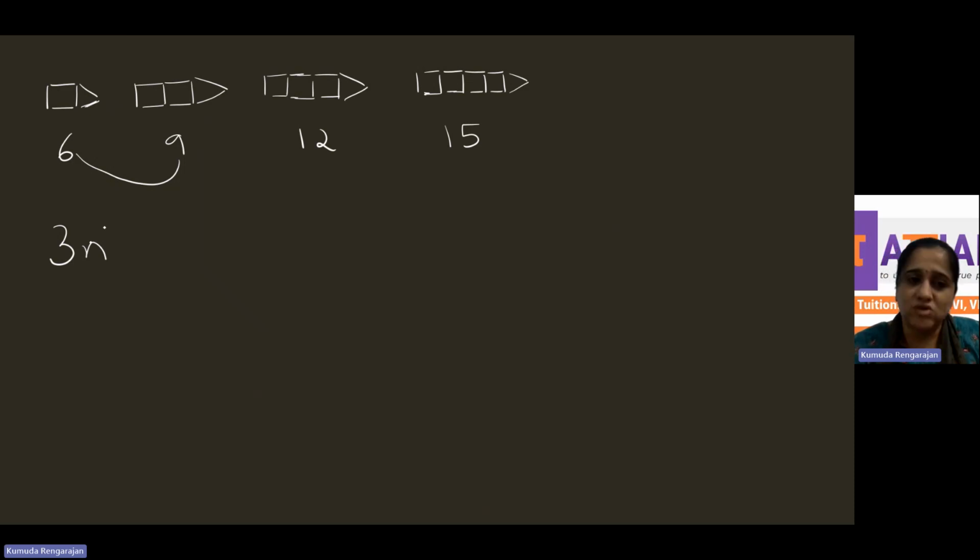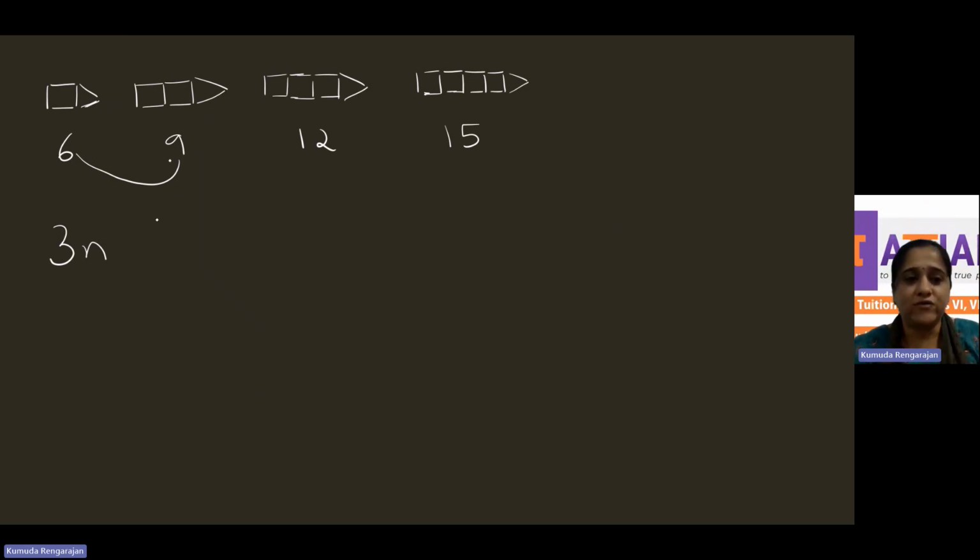If you take n as 2, what should be the answer? 9. If you take n as 3, what should be the answer? If you take n as 4, what should be the answer? You take anything, but take any one. Don't try all the 4. One will do. If you want, you can take n as 4. Anything you can take, but take one and frame the rule.